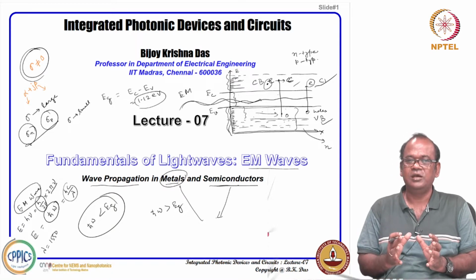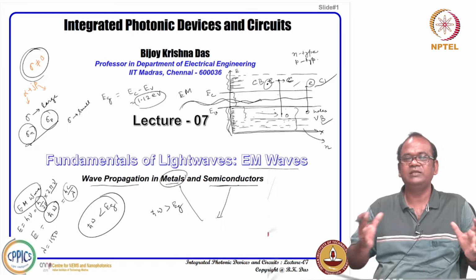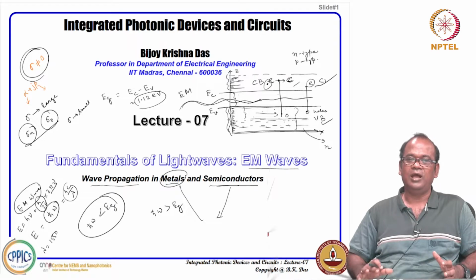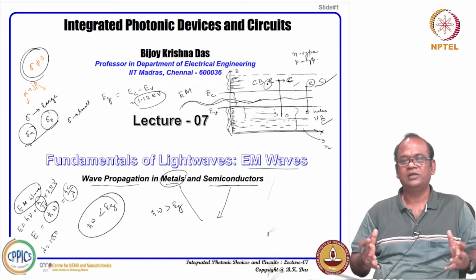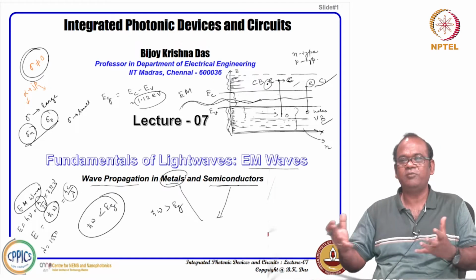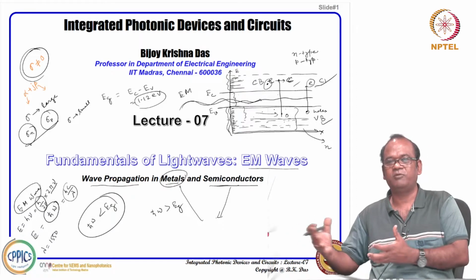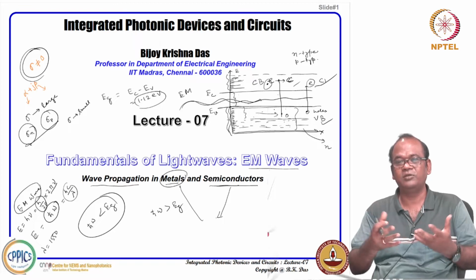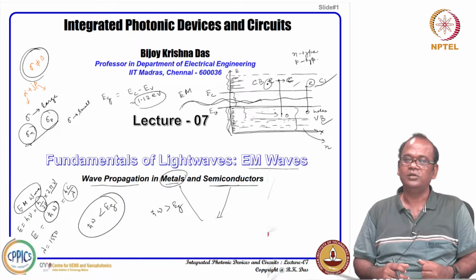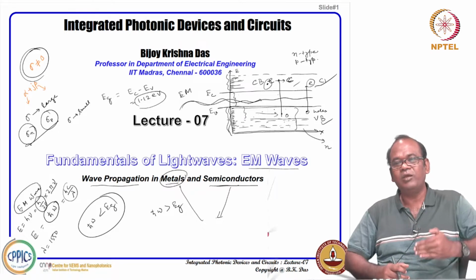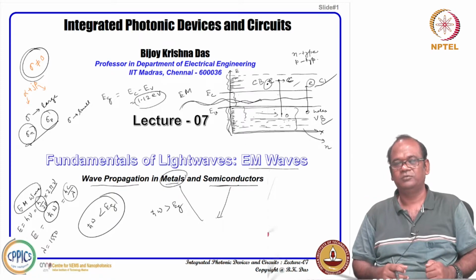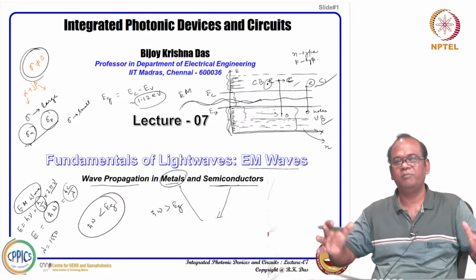you can see that in a certain frequency range it may transmit, and sometimes the phase velocity of the electromagnetic wave inside the material, whether metal or semiconductor, depends on the conductivity and so on. They will travel with different velocity at different frequency. So, there will be some kind of material dispersion.